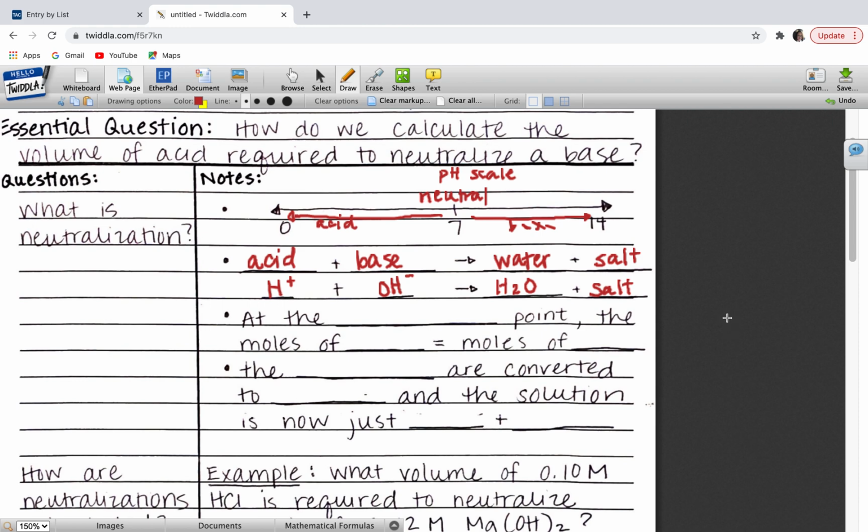Now we have to do this just right. You want to make sure that all your acid and all your base have reacted, right? You don't want to have more of one or the other because then it's not safe, right? We haven't neutralized them. So we have to reach something called the equivalence point, which means that we have an equal number of moles of acid and base.